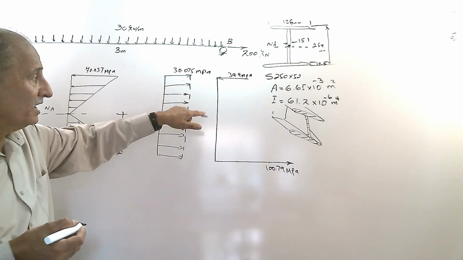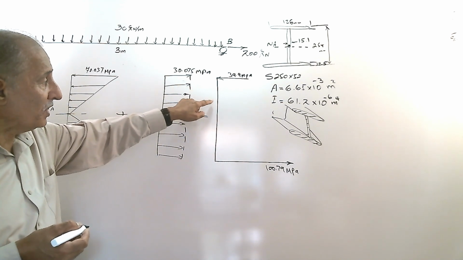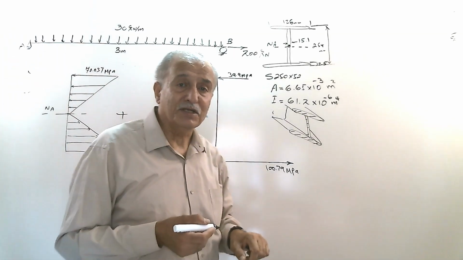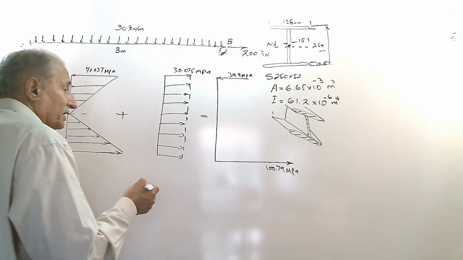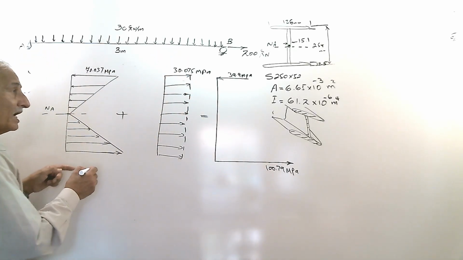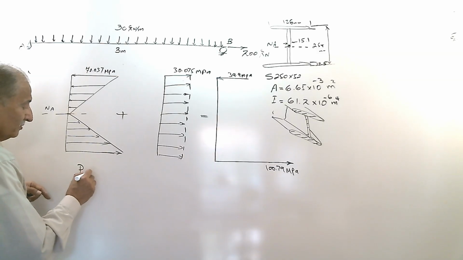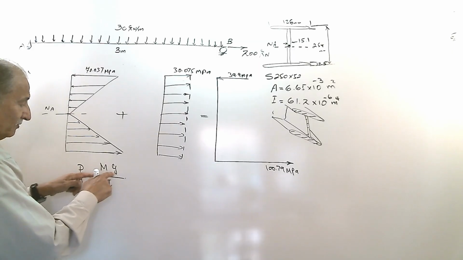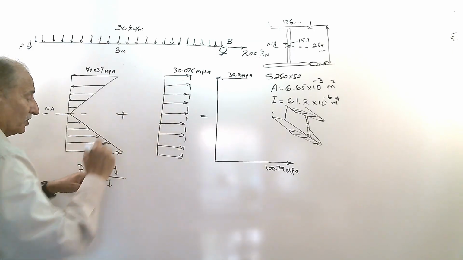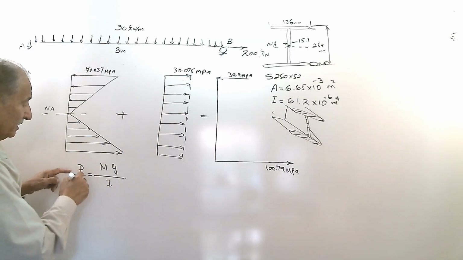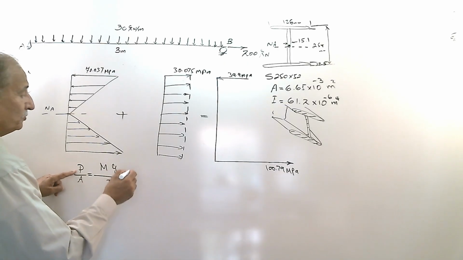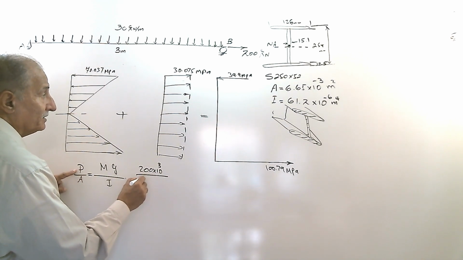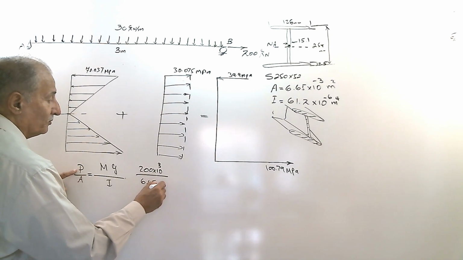How can I find that? At exactly what point of the cross section is the combined stress zero? Very easy. You can say that P over A must be equal to My over I, where y is the distance from the neutral axis. P is 200 times 10 to the power 3, A is 6.65 times 10 to the power minus 3.